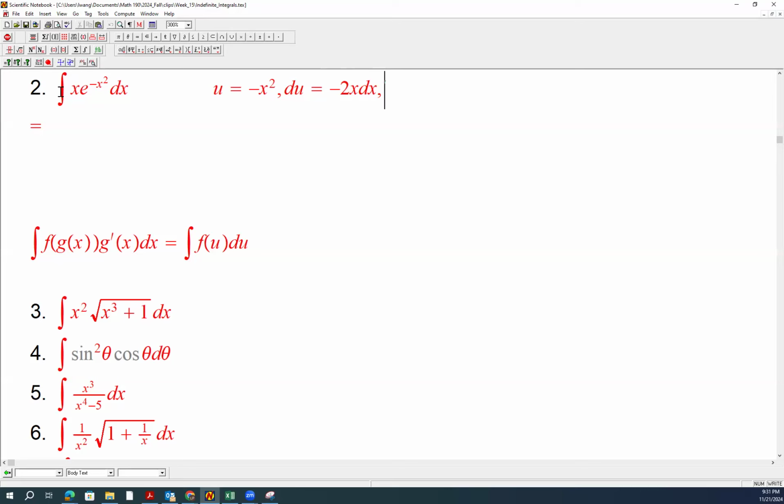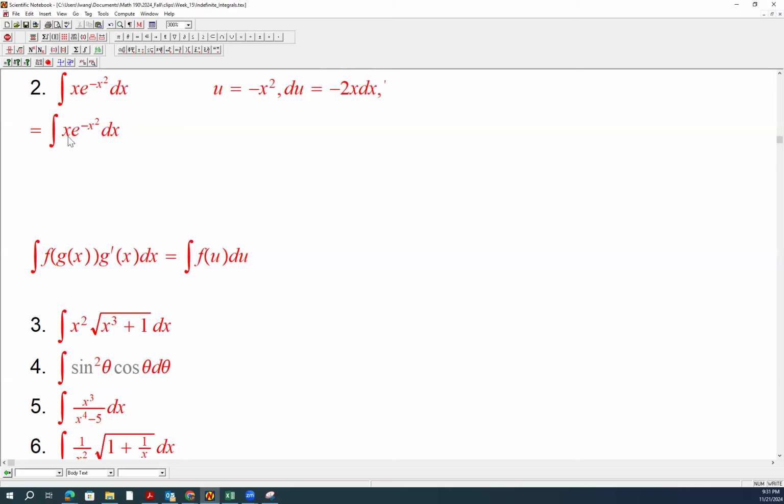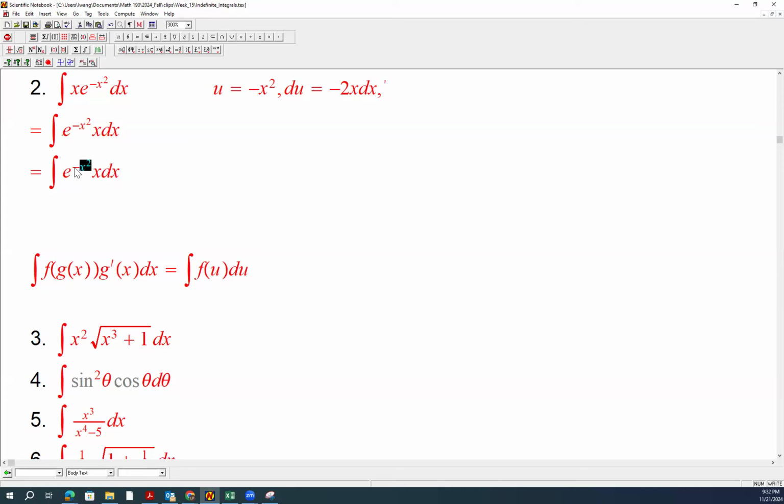In this expression, sometimes people like to move the term around. You can move the x in front of dx, so that we can see clearly that this part will be substituted by e to the power of u.